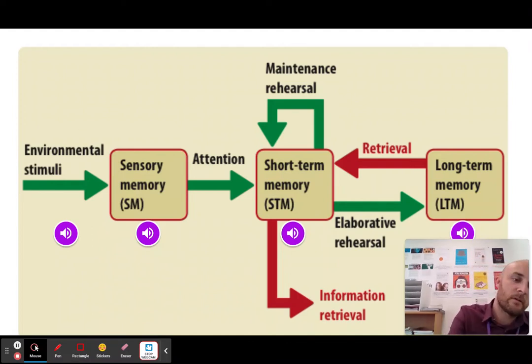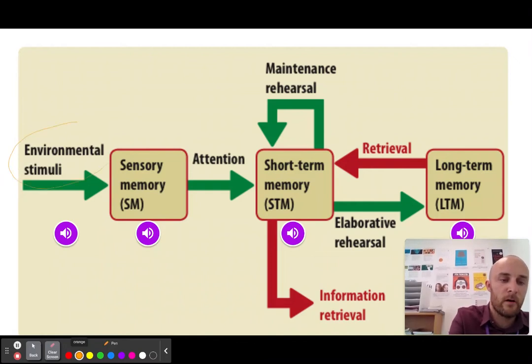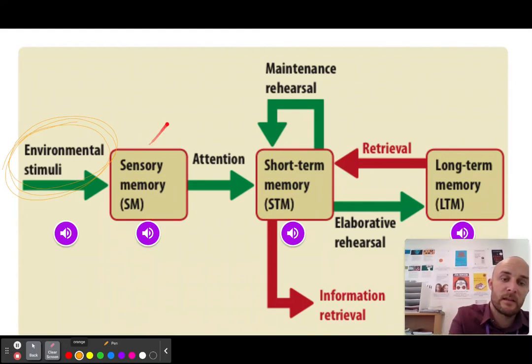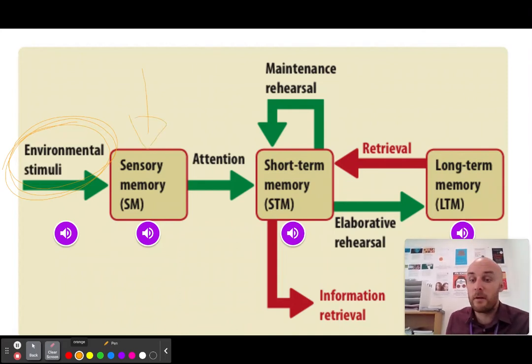So the idea, by the way, is that we have environmental stimuli. I'm going to use my pen for this, actually. There we go. So we have environmental stimuli. These are the things that come into our five senses. So right now, there's a lot going into all five of your senses, and that is being put in the sensory memory.